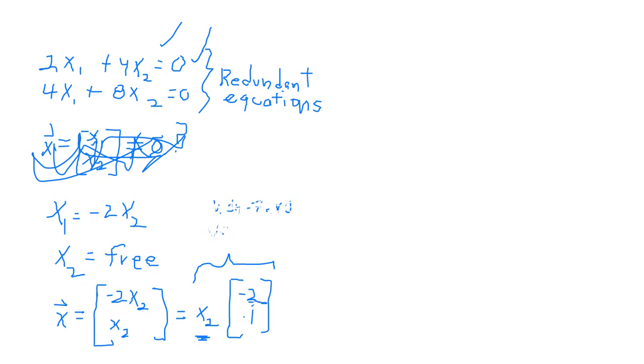I think the basis for the eigenspace is negative 2, 1, right? So in other words, what I'm trying to say is when we have two equations and they're redundant, we can get a basis for our eigenspace.